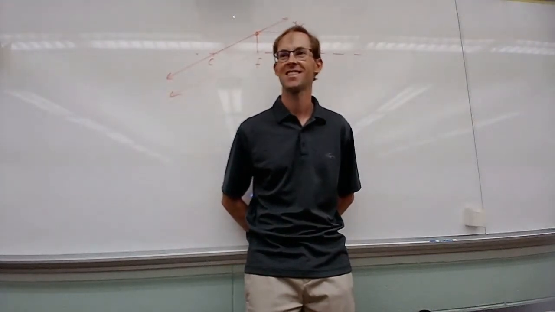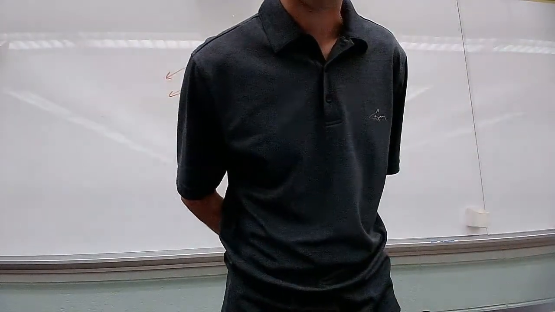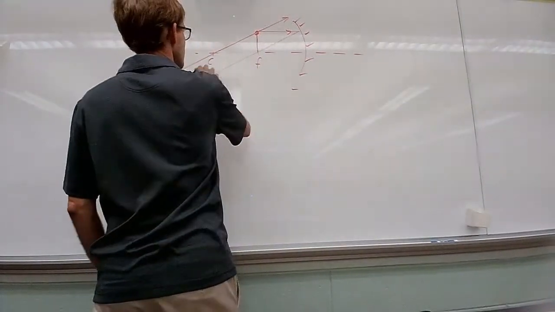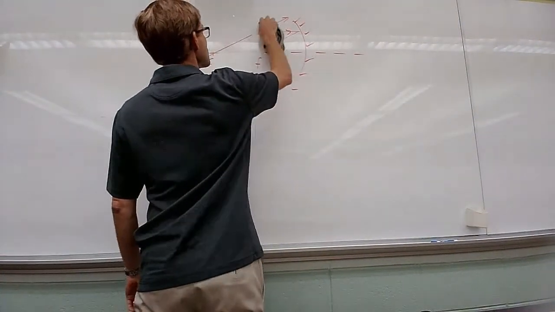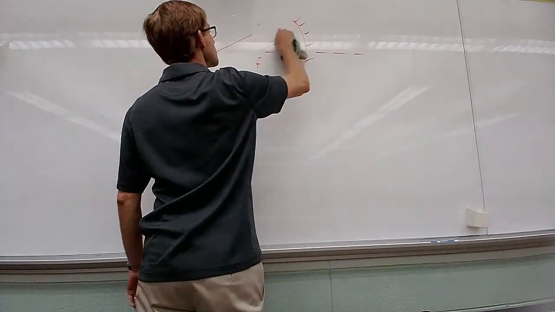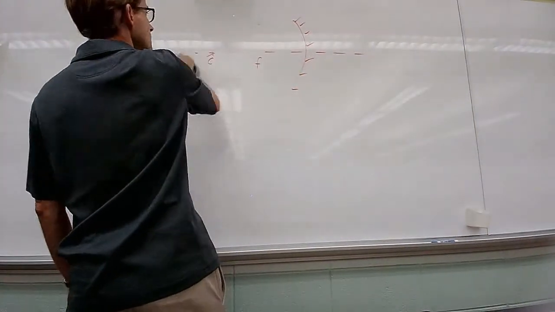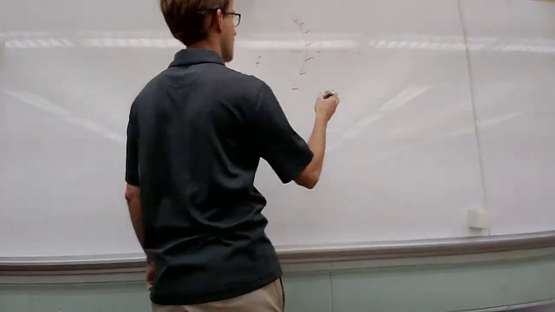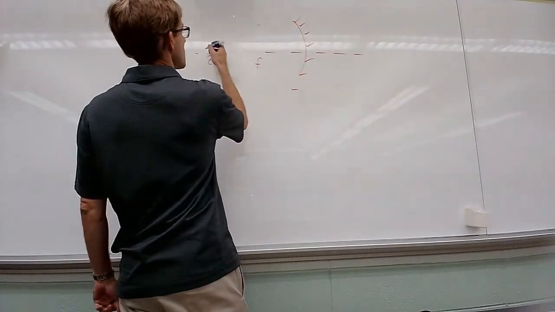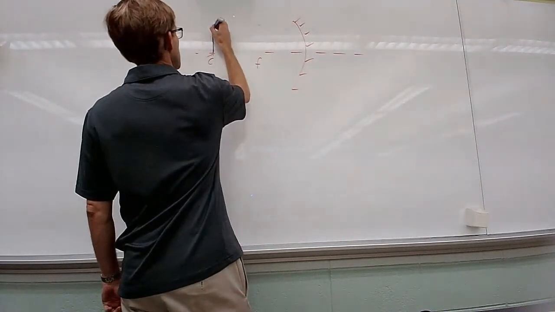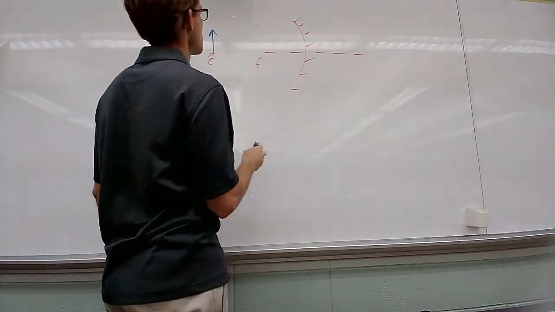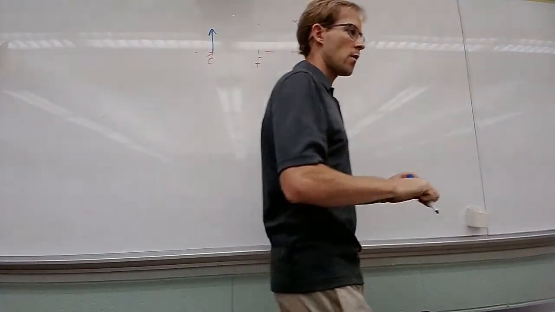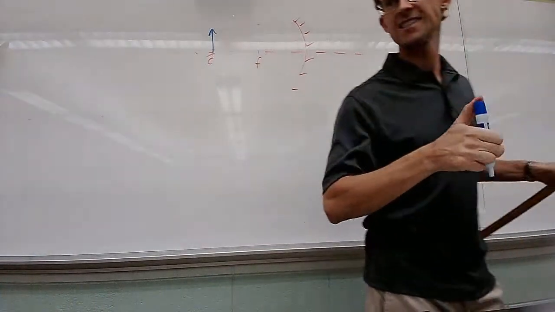Yes? Number 4. Okay. So number 4, we've got our object. It is beyond the focal point, maybe somewhere right about there. Focal point's right here. And the first light ray we want to throw in there is going to be what?